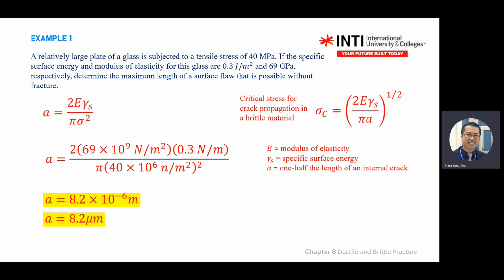This 40 megapascal, how it creates the length of a crack, internal crack. Okay, the crack is 2A. So this is how you use the equation. Okay, we have a short break. We continue at 3 o'clock.